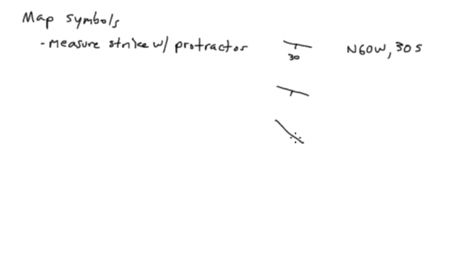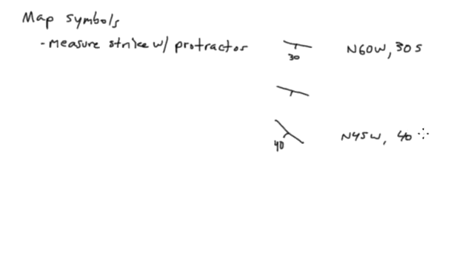Sometimes if it's striking like north 45, this would be north 45 west. In this case, it really is dipping both west and south. So let's say the angle of the dip is 40 degrees.